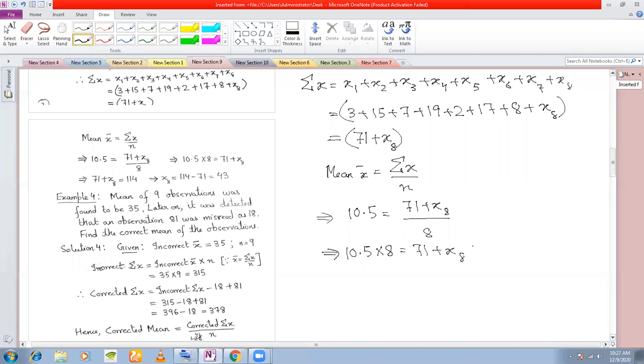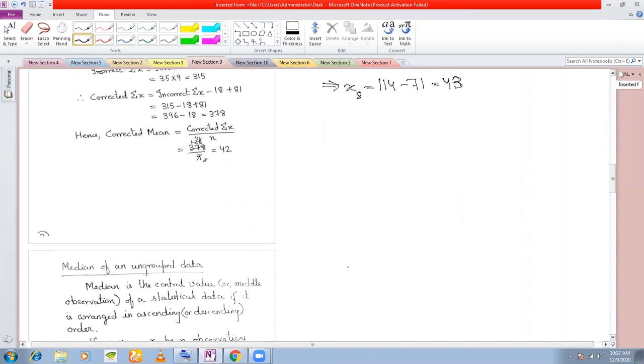Cross multiplication. That means 71 plus x8 is equal to 10.5 into 8, which is 84. That means x8 is 114 minus 71, which comes to 43. Okay, so this is your third example.